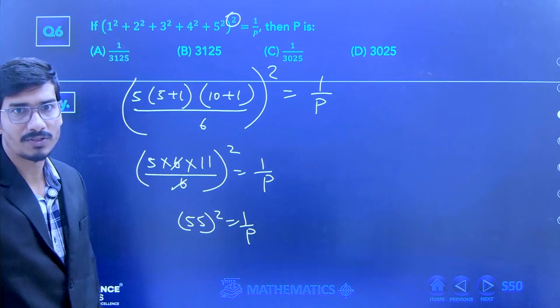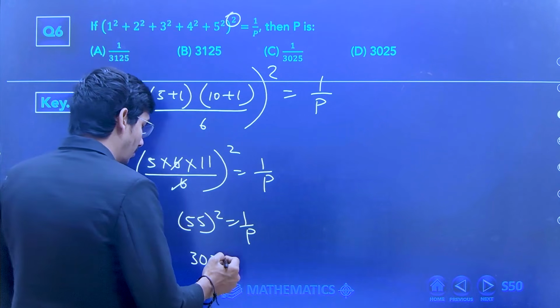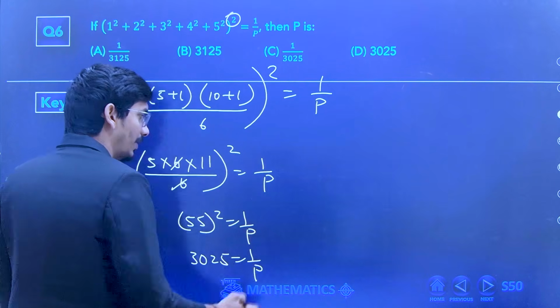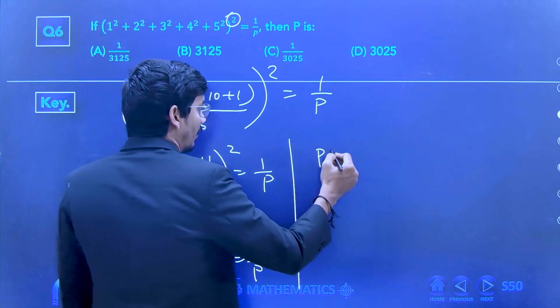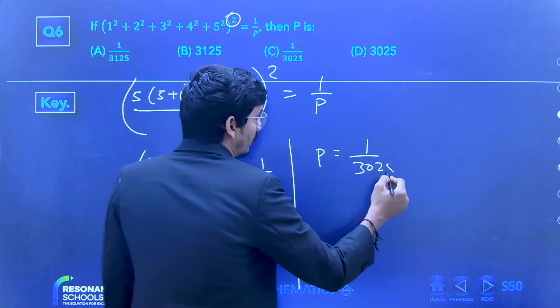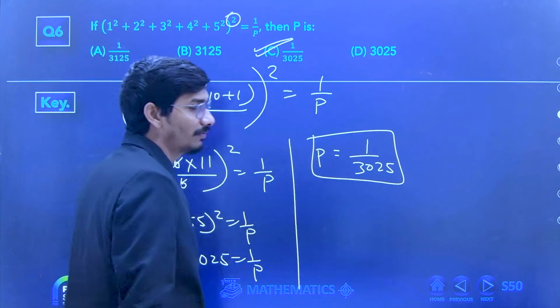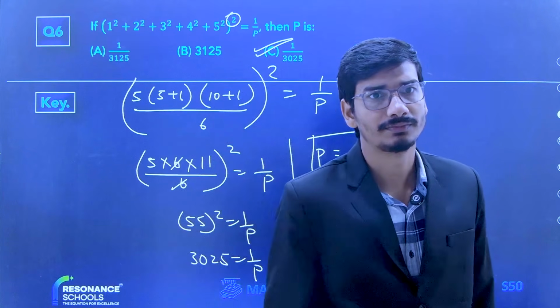What is 55 square, beta? It's nothing but 3025 equals 1 upon p. So what is p? The reciprocal of this term, which means 1 upon 3025. Which option? Option number three.